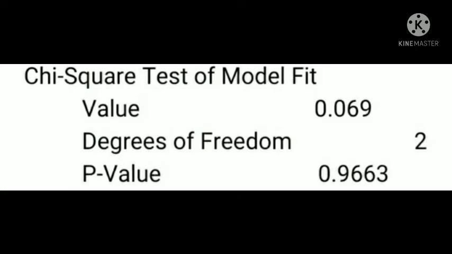Chi-square value is low, that is 0.069, with 2 degrees of freedom, and its p-value is quite large, that is 0.9663, which is much greater than 0.05. So it follows the prescribed criteria. It indicates that the model is quite fit.